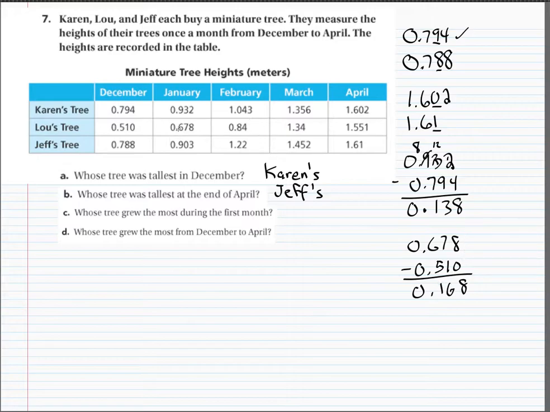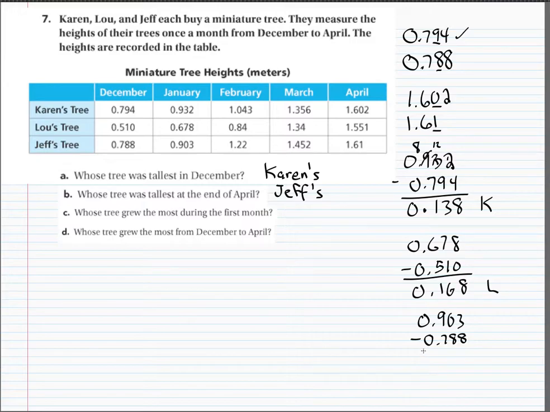So far, I know that this is Karen's right here. This cannot be the answer because I can see 138 thousandths is not as great as 168 thousandths. So far, Lou's tree is in the lead. Let's look at Jeff's tree. Jeff has 903 thousandths for his January and 788 for his December.